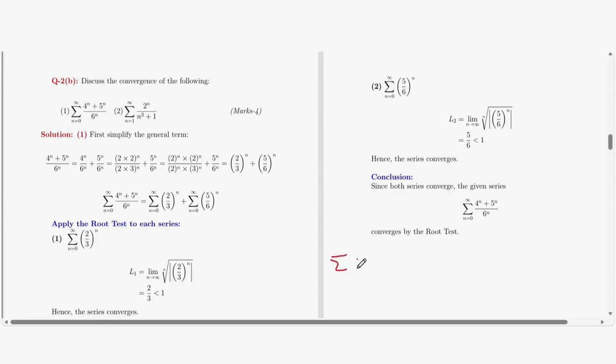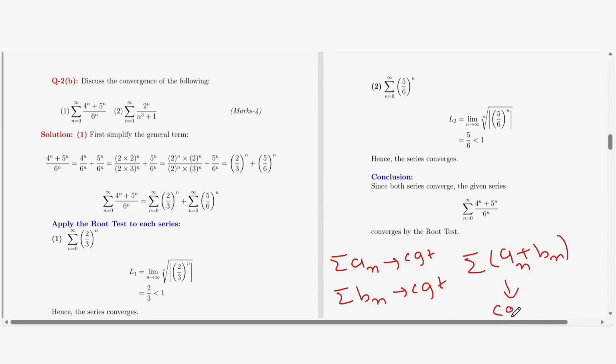If series an converges and series bn also converges, then series an plus bn also converges.